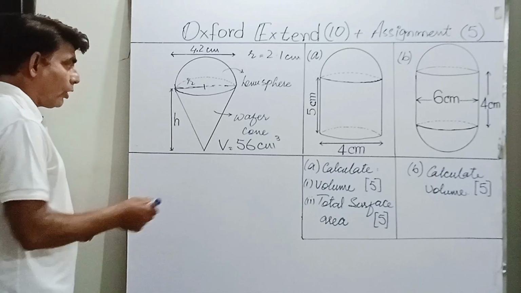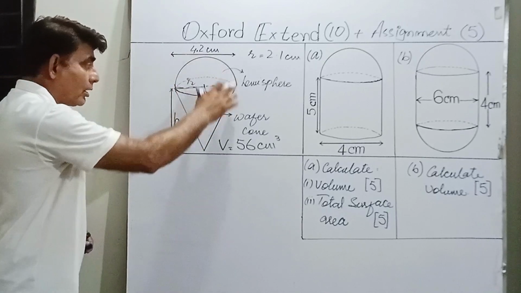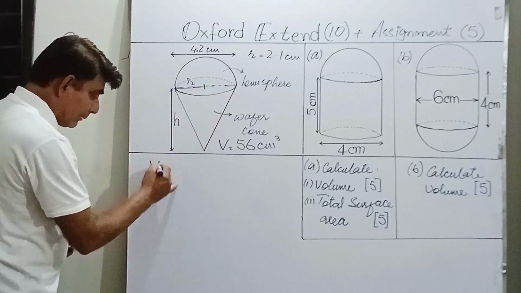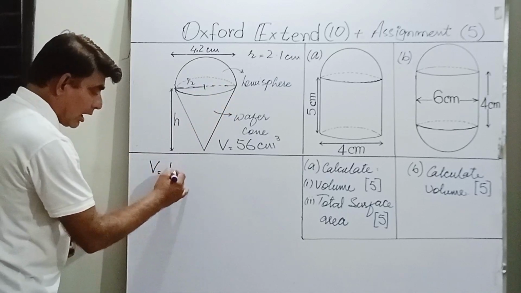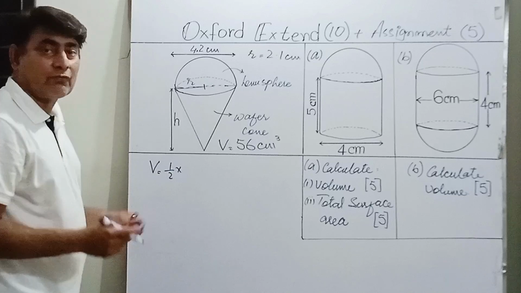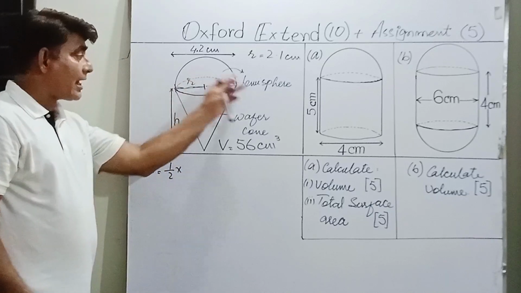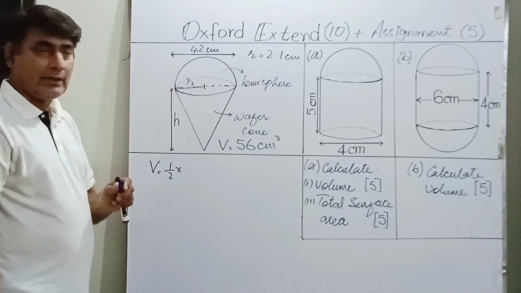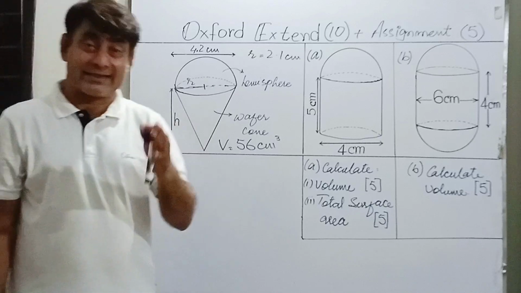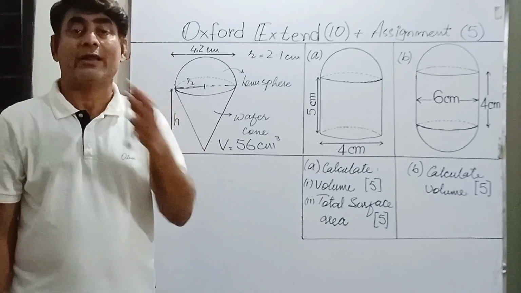So the volume of this figure can be written as half times the volume of a sphere, because this is a hemisphere. And the formula will be given by the examiner in IGCSE and O level.